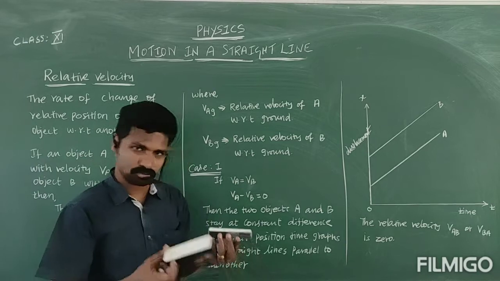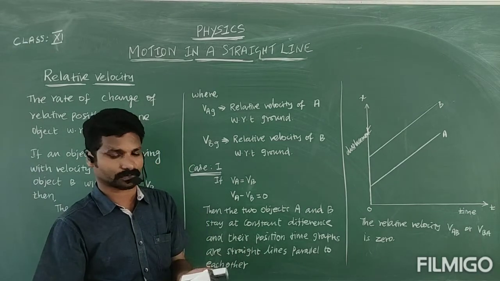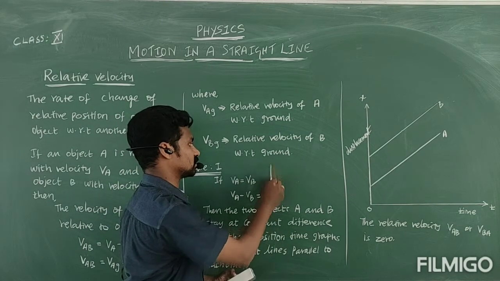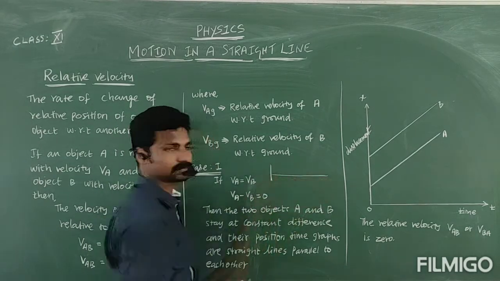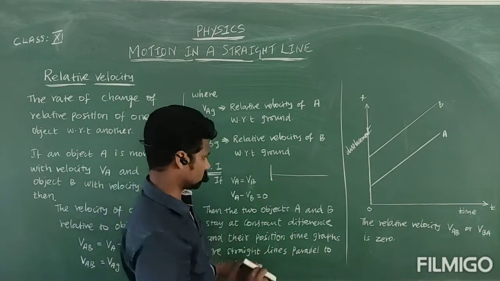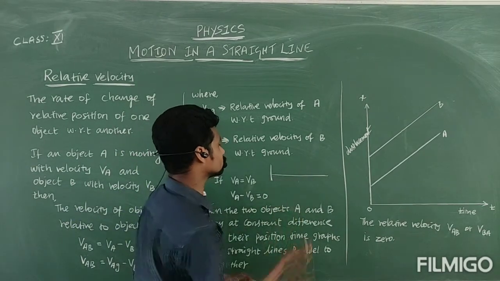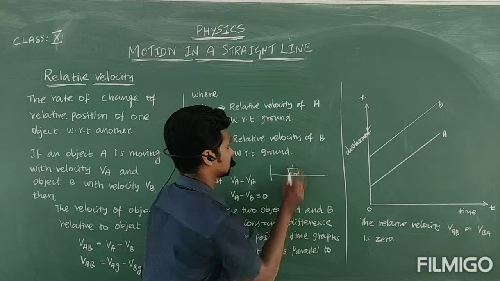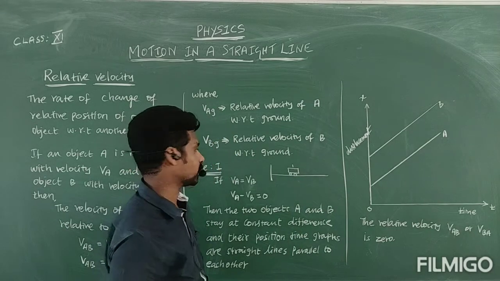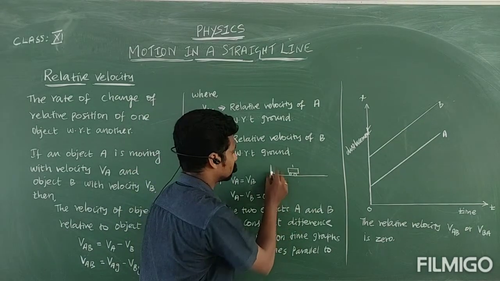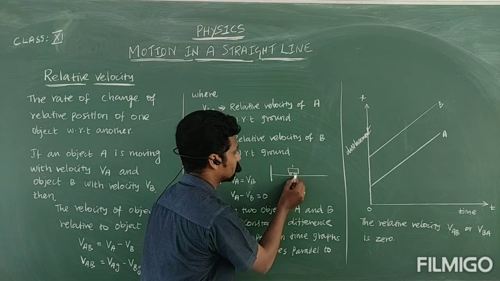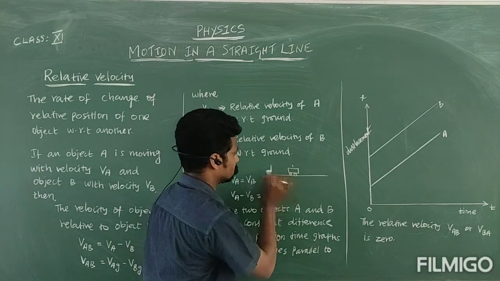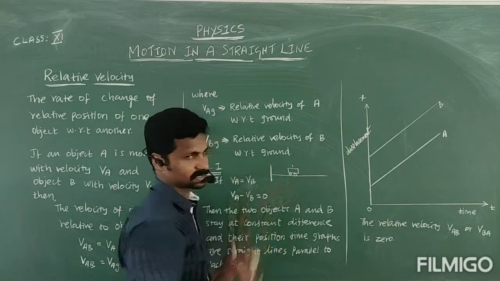Now, let's take two cars. It is the initial position, for example, the starting position. It is the origin. Now one car is here, it is car 1. From the origin to the car position, it maintains some distance.